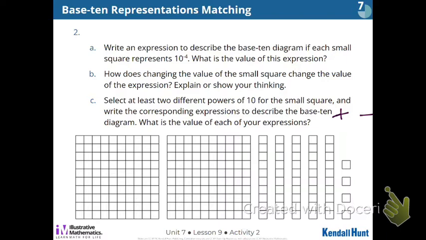So, if each small square is 10 to the negative 4 here, what's each bar? 10 to the negative 3, and each big one would be 10 to the negative 2. So if we were going to write this out as a decimal, are we good to understand each one of these is 1 hundredth, each one of these is 1 thousandth, and each one of these is 1 ten-thousandth?